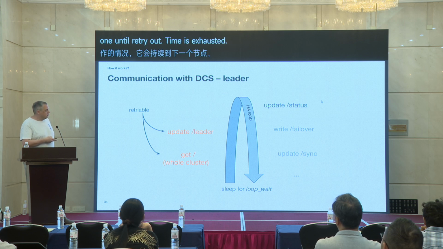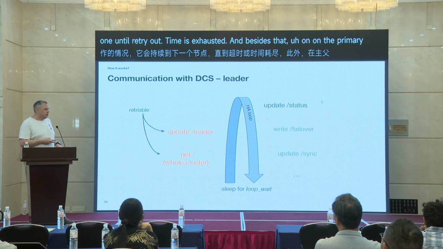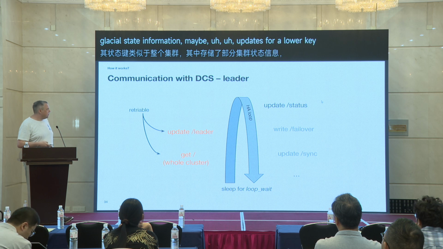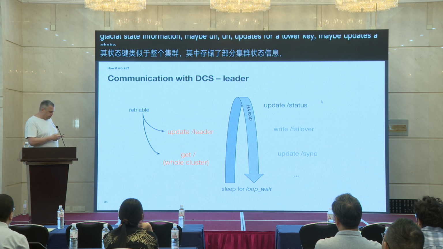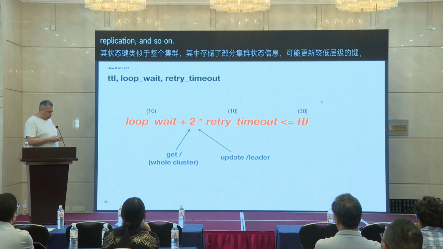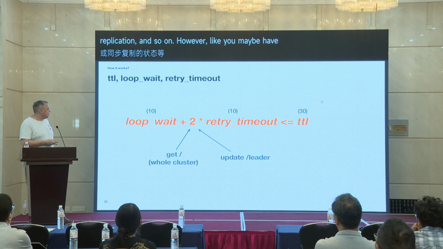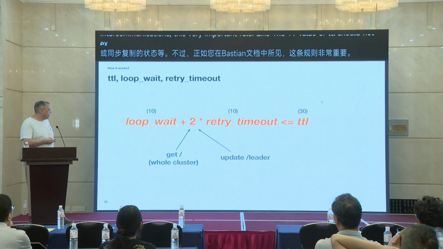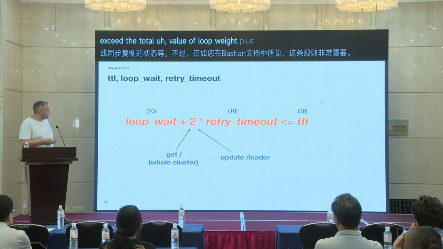And besides that, on the primary, Patroni updates its status key of the entire cluster, where it keeps some cluster state information. Maybe it updates the failover key, maybe the state of synchronous replication, and so on. However, you may have seen in the Patroni documentation this very important rule: the value of TTL should not exceed the total value of loop wait plus 2 times retry timeout.